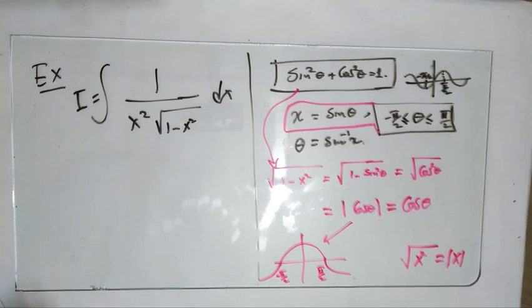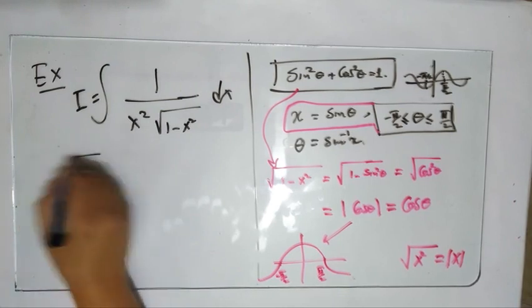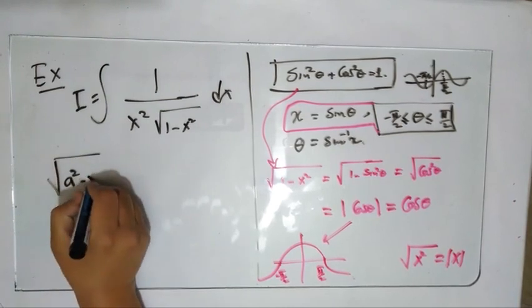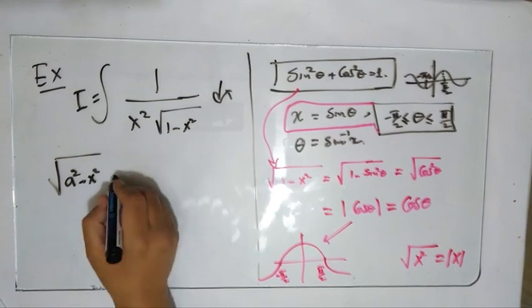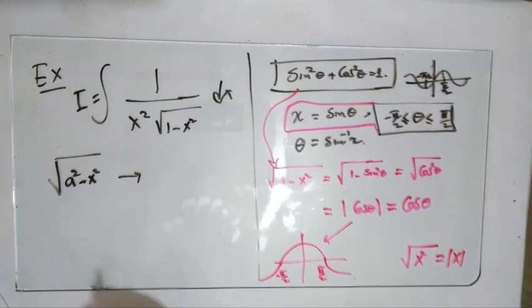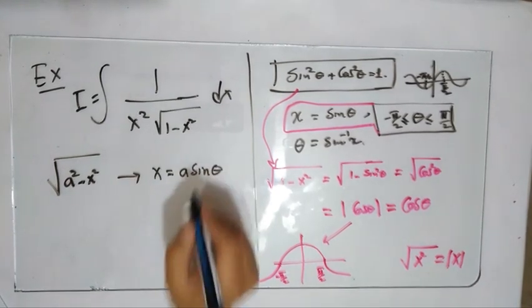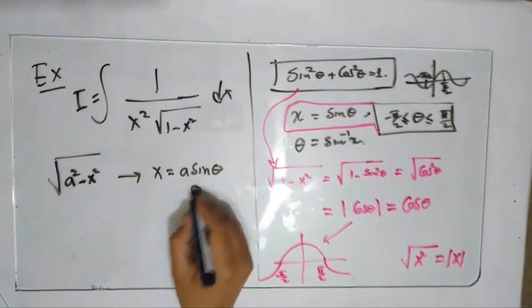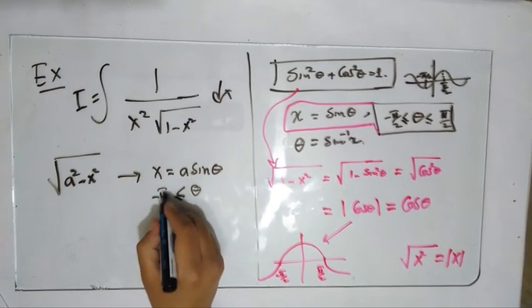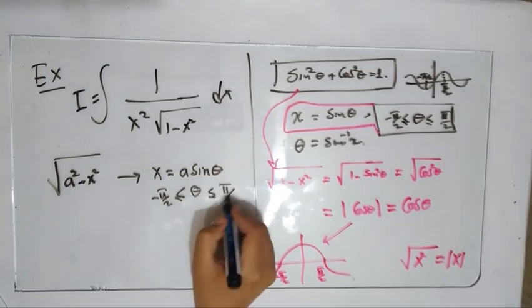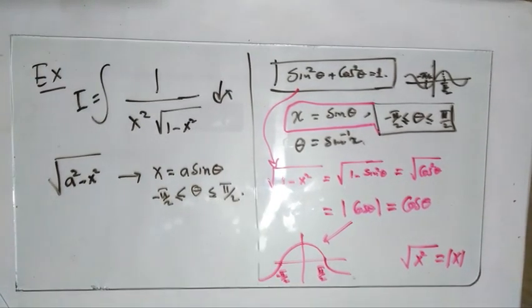When you have a square root like a squared minus x squared, you have to use the substitution x equal a sine theta, or a cosine theta, and theta is between negative pi over 2 and pi over 2. So we're going to use this substitution now.